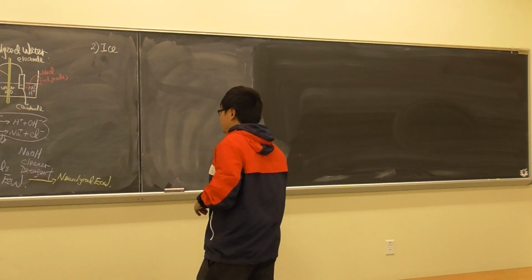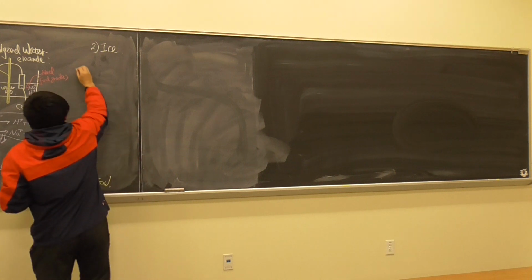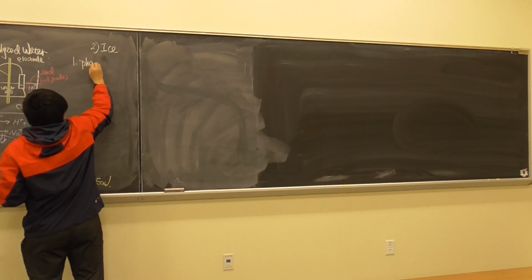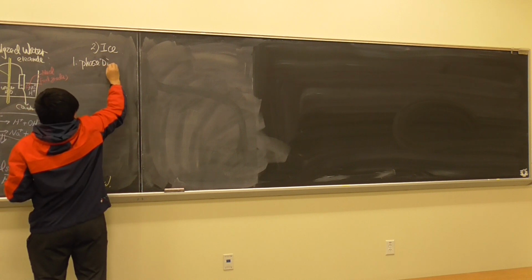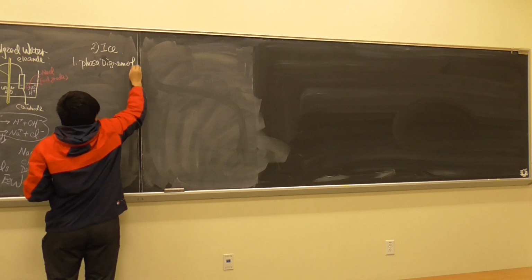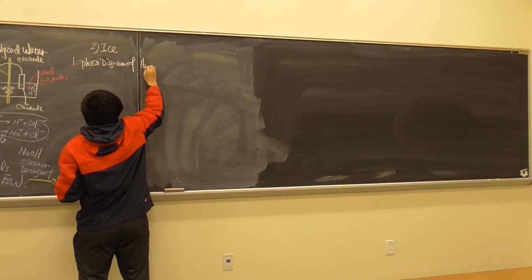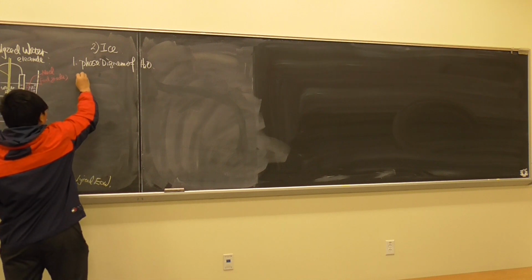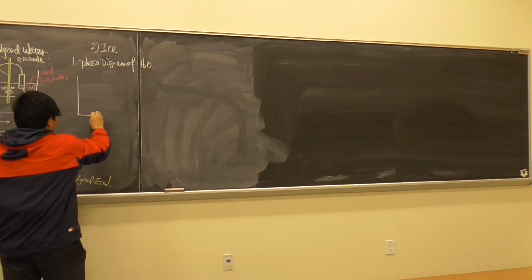Before we talk about the ice, we want to introduce you to something. This is called the phase diagram of water. Okay, what is a phase diagram of water? You have to draw the picture again.